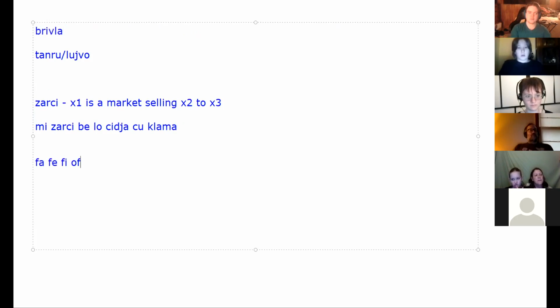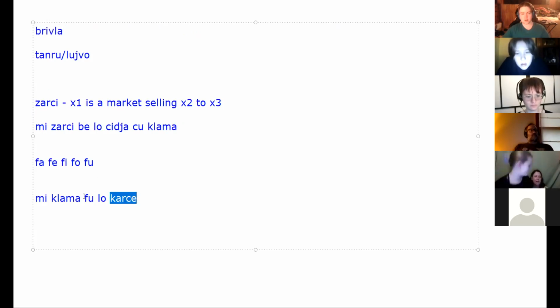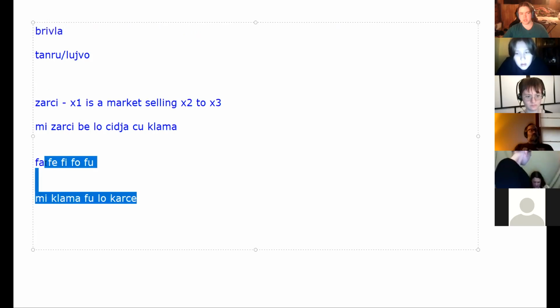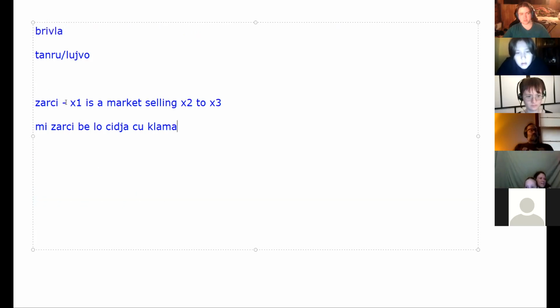Fa, fe, fi, fo, fu. These jump to different positions on the selbri. Like mi klama fu lo karsha: I go, by travel means car, right? I'm jumping to the fifth place of it. And you can also use these, I believe, with be to attach it to different stuff on the words.